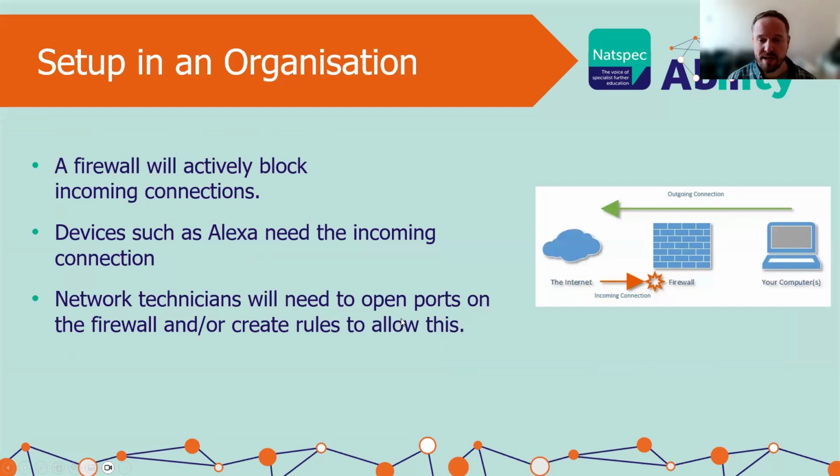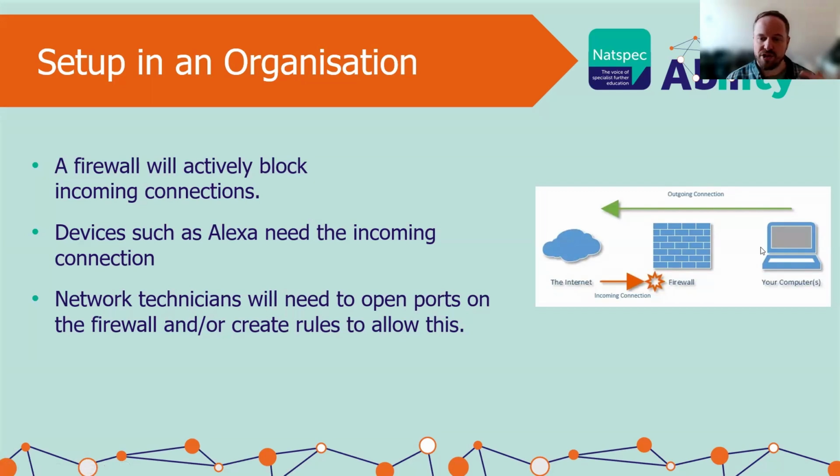In terms of setup in organizations, this is quite an important slide, more as a reference than anything else. You can show your IT teams if they're struggling to set this up. A firewall, which is the security feature within an organization, will actively block incoming connections, but devices such as an Alexa need those incoming connections to work. So network technicians will need to open ports on the firewall or create rules to allow this.